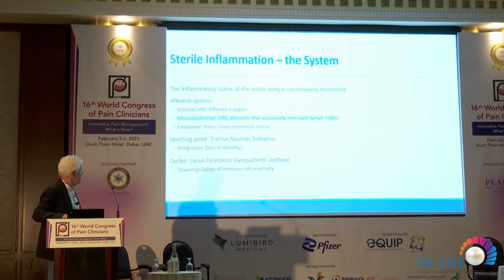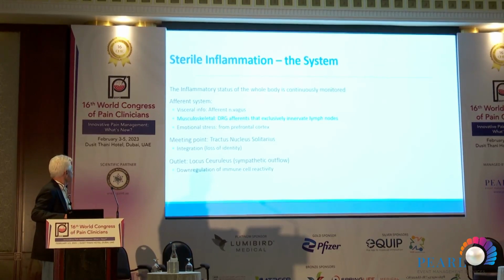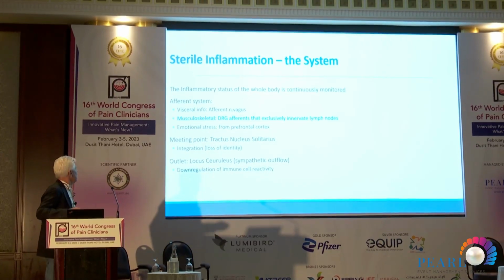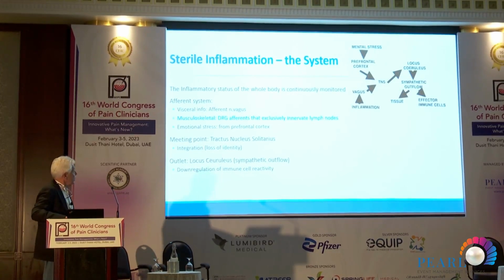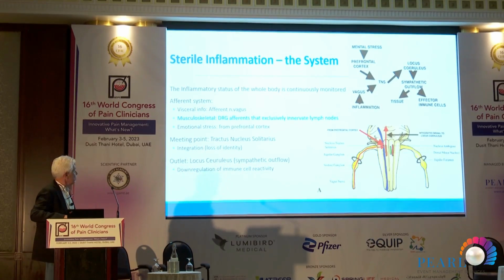I told you already yesterday this slide about the inflammatory state that is continuously monitored. The afferent system, the visual info, musculoskeletal and emotional stress, they come together in the NTS, and then you see that the tractus nucleus solitarius goes to the brain, and then you get the reaction in the locus coeruleus, which is sympathetic outflow.